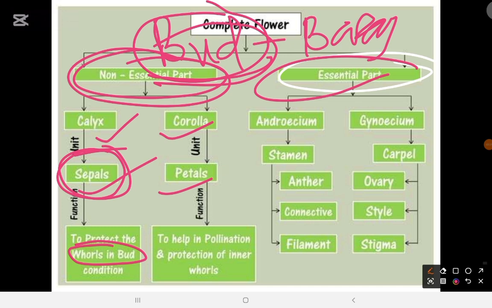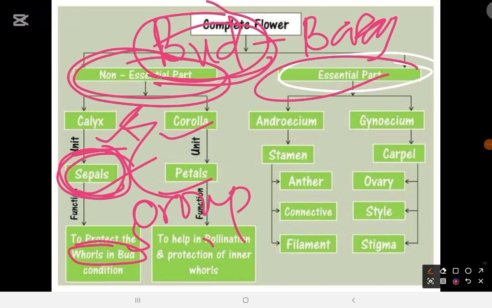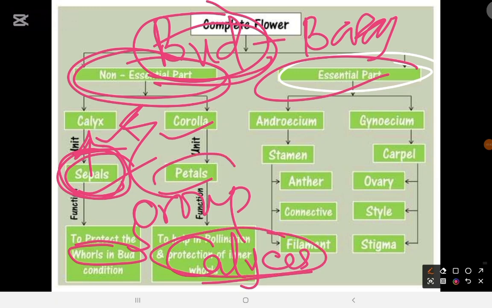A group of sepals is called a calyx, or calyces in the plural. While a group of petals, we call the corolla.